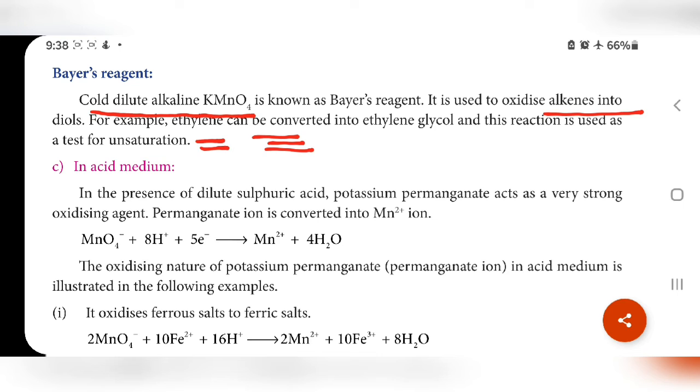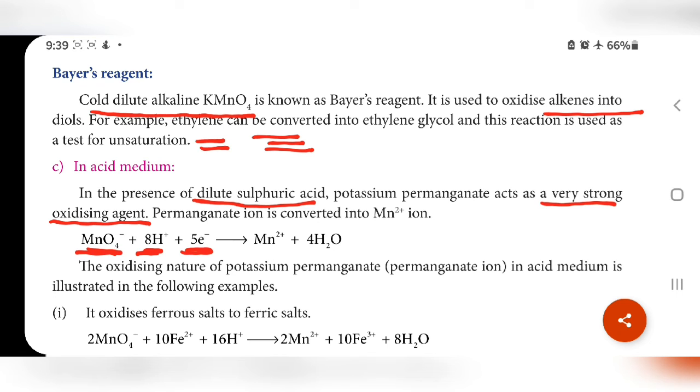In acidic medium, that is in presence of acid, here sulfuric acid, potassium permanganate, that is MnO4 minus, acts as a very strong oxidizing agent. That means it gains electrons.